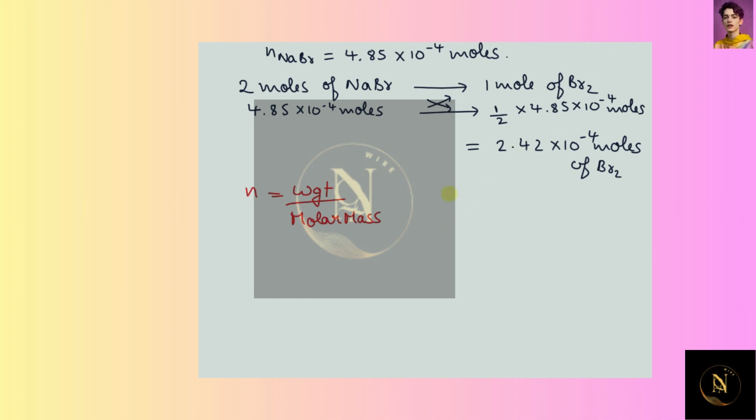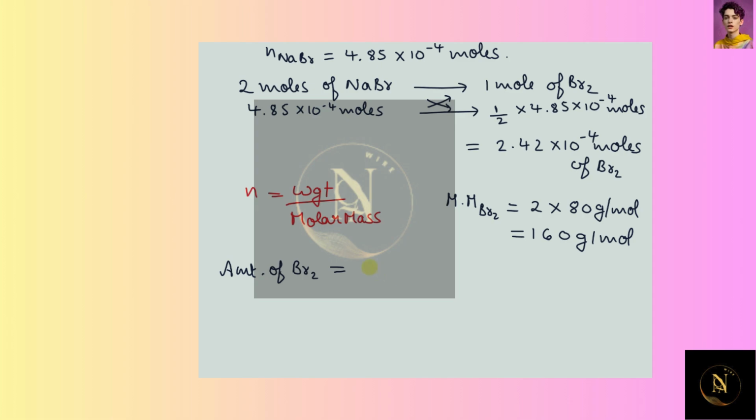So here the molar mass of bromine is equal to 2 into 80 gram per mole, since here the bromine atom is 2 and the atomic mass of bromine is 80 gram per mole. So it is equal to 160 gram per mole.